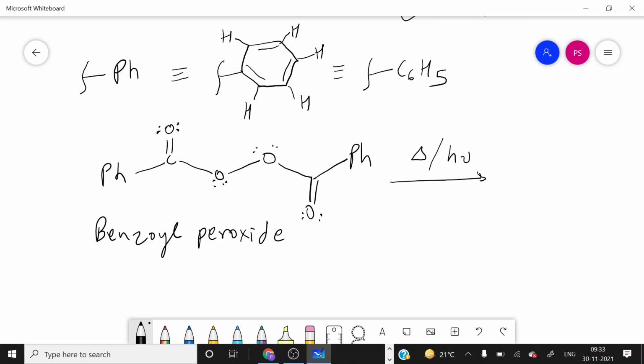We know that to break a bond we have to provide some energy, and that energy may be in the form of light or heat. So after applying light or heat, I am going to break the weakest bond, and the weakest bond here is the oxygen-oxygen bond. I am going to shift one electron towards the left oxygen and one electron towards the right oxygen.